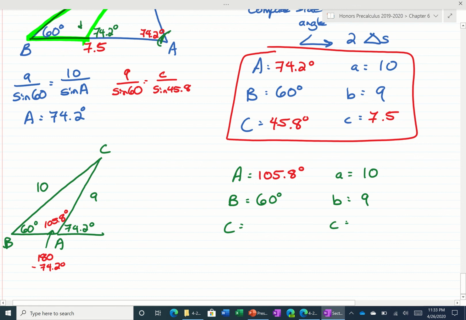If we subtract those two from 180, we'd get angle C as 14.2. And then to finish it up, we could do side B over the sine of angle B is equal to side C over the sine of angle C. And if you cross multiply and divide here, you'd get that side C is 2.5. So that's your second triangle.